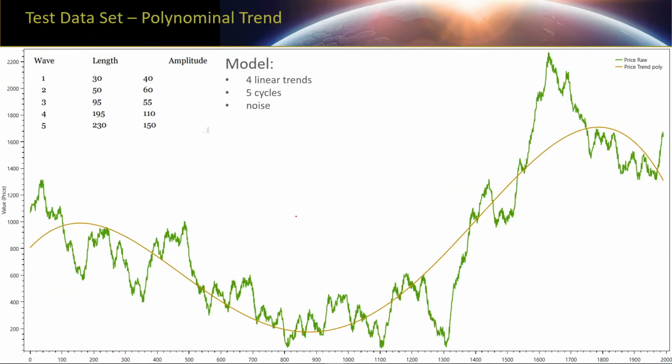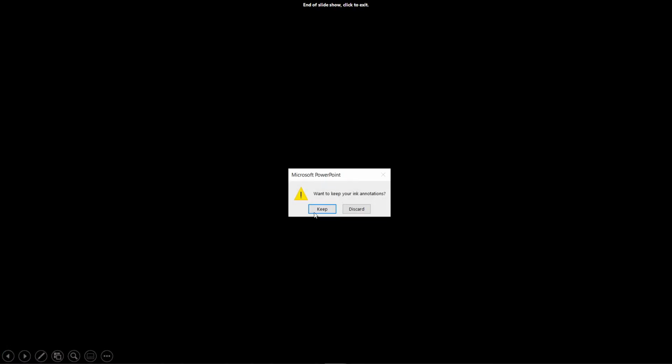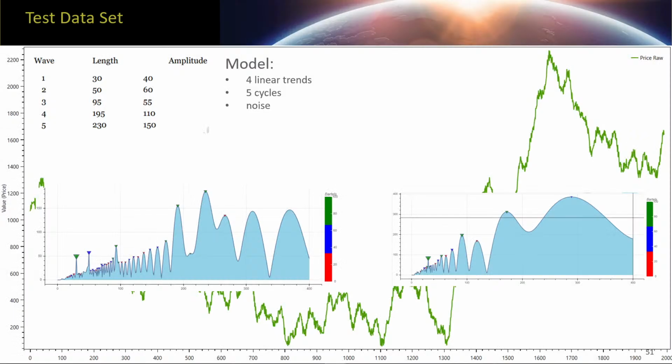First, let's look at the spectrum. Okay, here it is. This is the spectrum on the left-hand side.